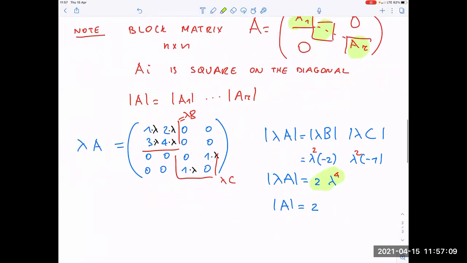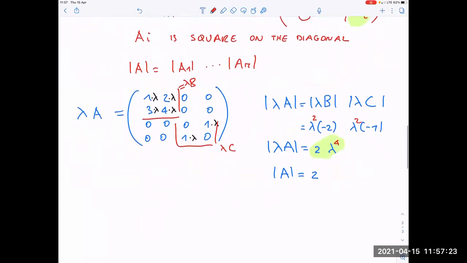And actually, this is not just because it is a block matrix, because these are not block matrices, but you multiply the result by lambda square in both cases. And that's because they are 2 by 2 matrices.